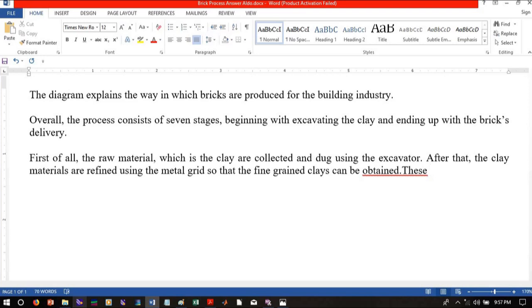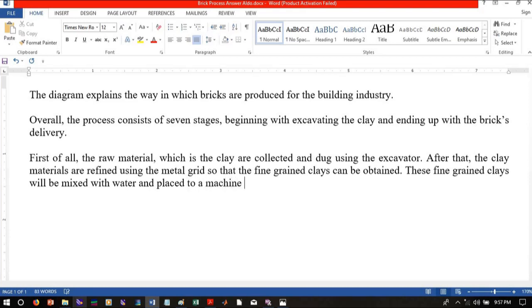And then after that, I said these fine grain clays will be mixed with water and placed to a machine.